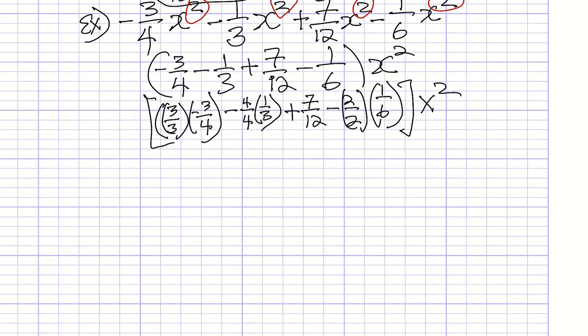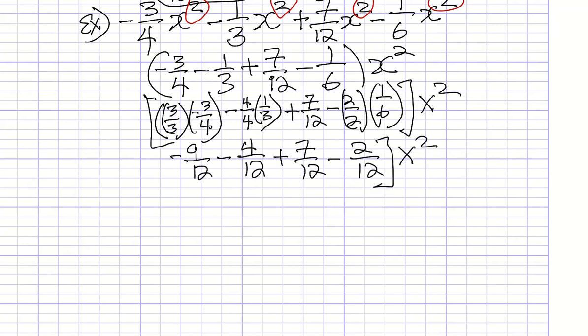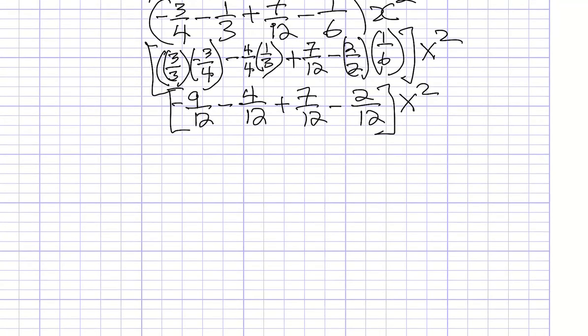What do we get? We'll get negative 9 over 12, negative 4 over 12, plus 7 over 12, negative 2 over 12. You see that, right? All multiplied with the variable.